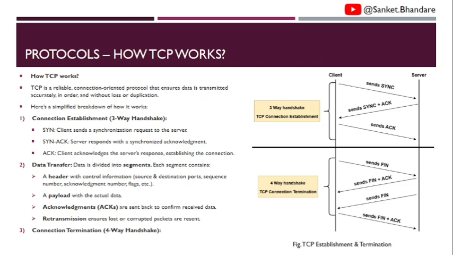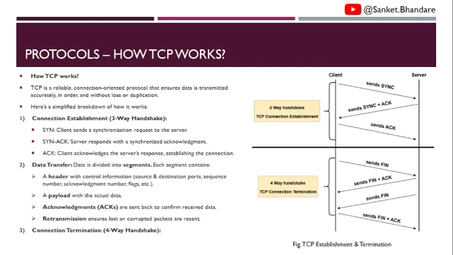And TCP ensures retransmission of lost and corrupted packets that are present during data transfer. So this is the second step in TCP, which is the actual data transfer between client and server.